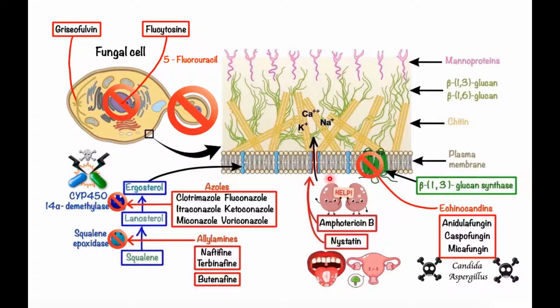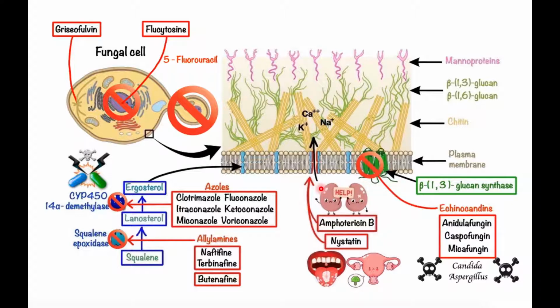The kidney will be affected by the amphotericin B. That is why it is mostly contraindicated in patients with kidney disease.